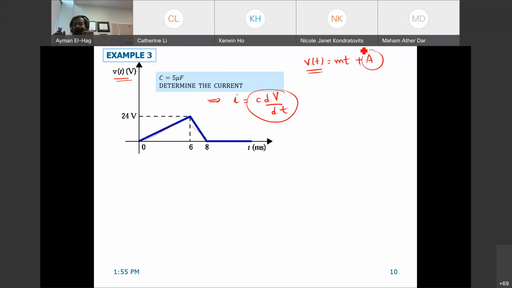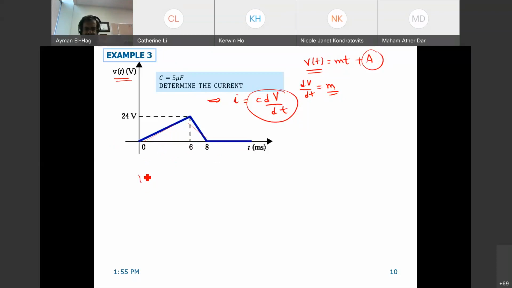What I need to find is only the slope, because your dv by dt is equal to m, which is your slope. So basically, you need to find the slope from 0 to 6, multiply it by C. That will be the current from 0 to 6. And then find the slope from 6 to 8, multiply it by C, and that will be the current, and that's it. And then we have a 0, so everything will be equal to 0.